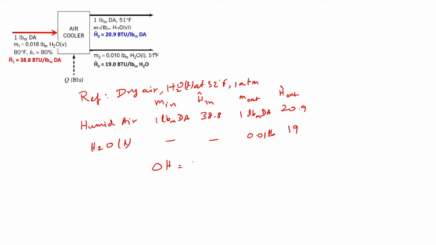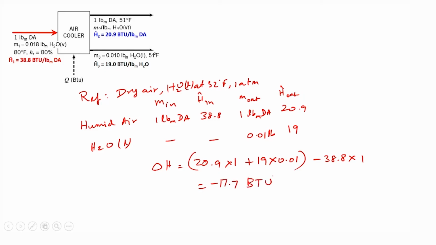Delta H would be 20.9 times 1 plus 19 times 0.01 minus 38.8 times 1. So, this value is minus 17.7 BTU. Fitting this back into the general energy balance equation, you would have Q equals delta H, which equals minus 17.7 BTU. So, the amount of heat that needs to be removed would be 17.7 BTU.